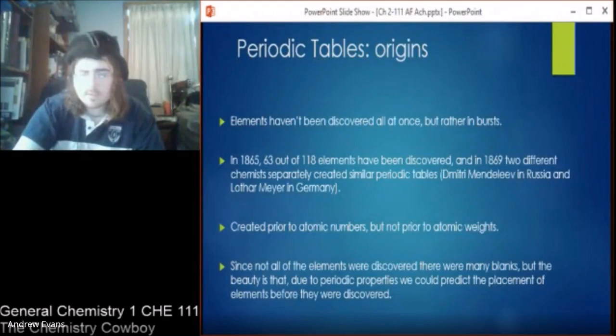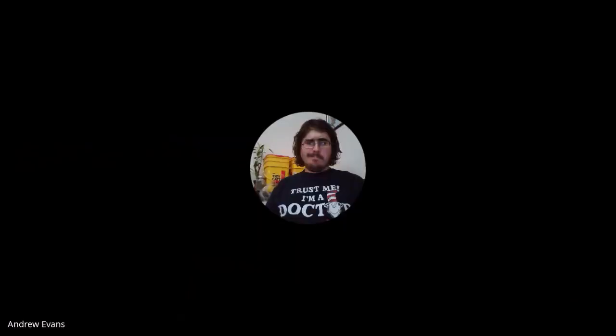And the beauty of this is that they left a lot of blanks in the table for elements that weren't yet discovered. You could figure out, oh, there's an element that goes below silicon that we haven't quite found yet. And I'm going to leave a blank here because I know that arsenic doesn't react like this. So there has to be something that's going to go there.